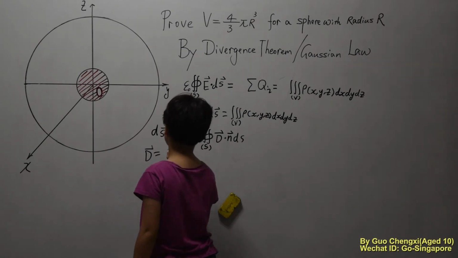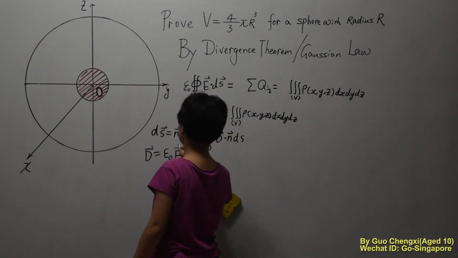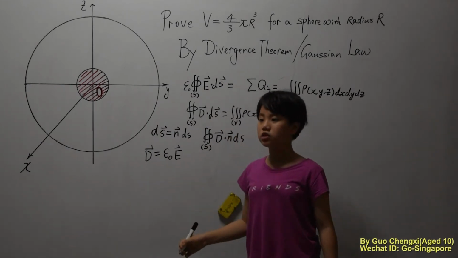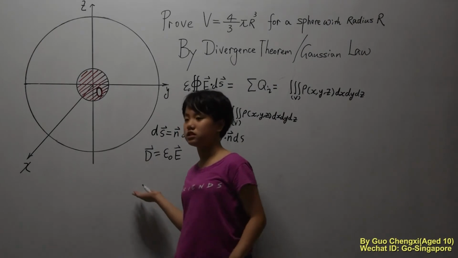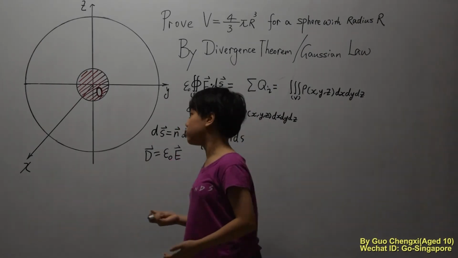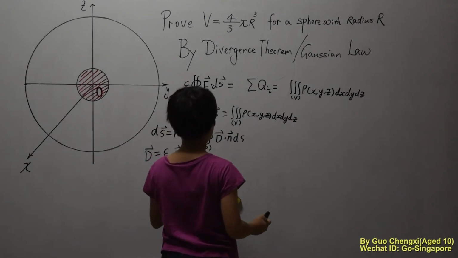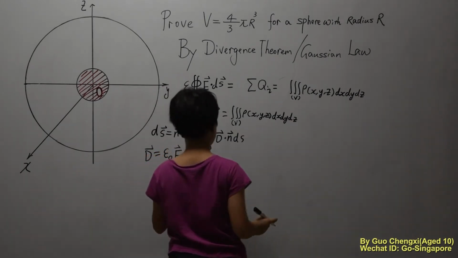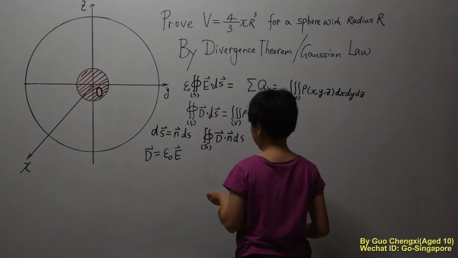The D vector has a lot of other components, which we won't be talking about in this lesson. We'll specify that in electromagnetic dynamics.